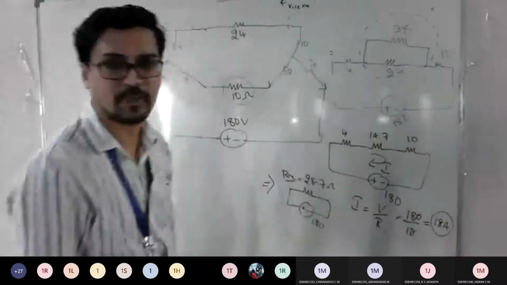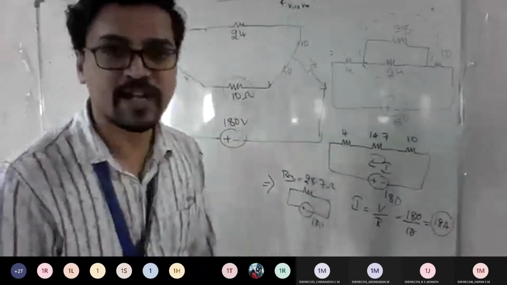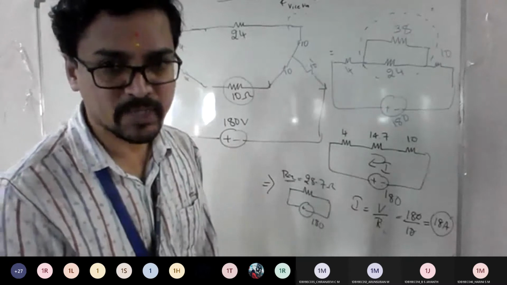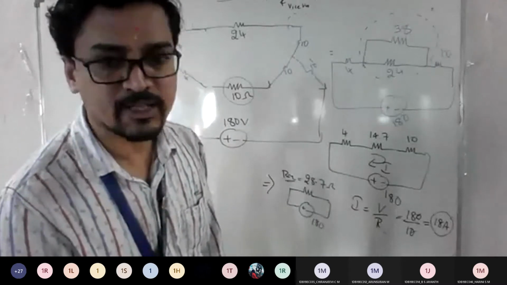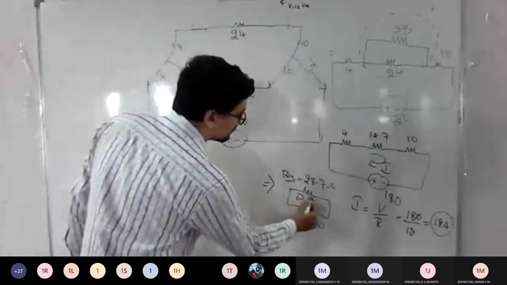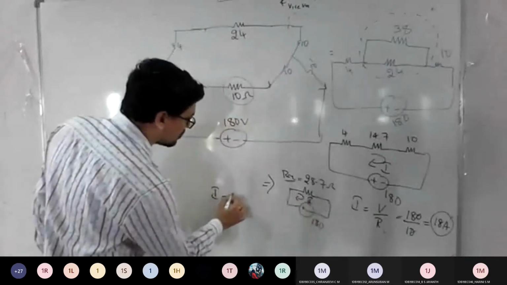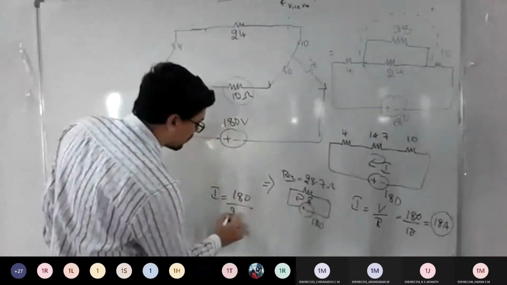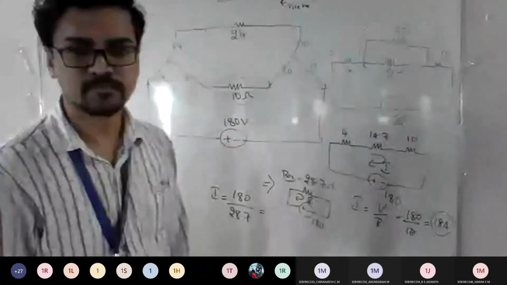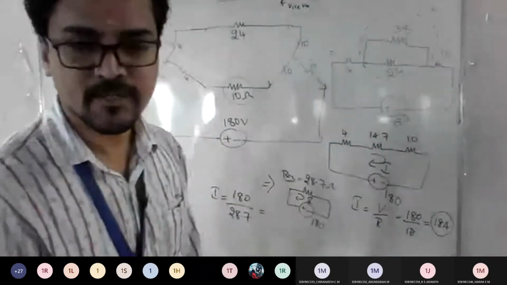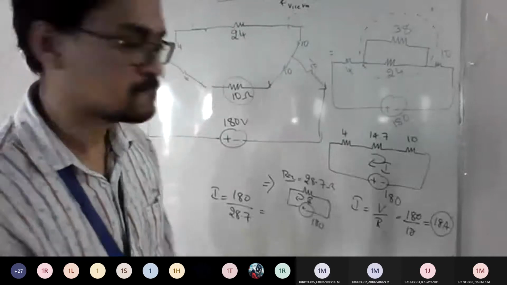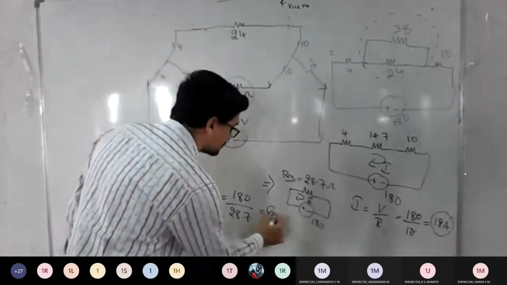If they ask to find the current through the equivalent resistor, I'll repeat the question. Find the current through the equivalent resistor means I need to find I here. That becomes I is equal to 180 by 28.7. How much? 6.27 amperes, sir. 6.2.